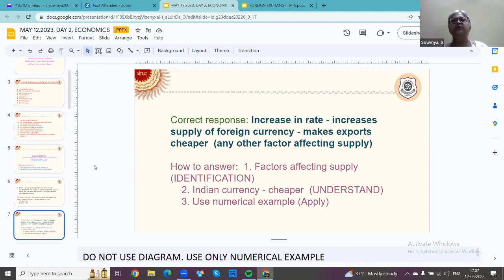So they are going to probably buy more of Indian products, or probably they are going to come into the nation more and tour more, travel more, any such factor you can talk about. So thereby, the supply of foreign currency will increase. So that is the diagram that they are supposed to make use of. One supply curve, and then the rate increasing. That is what they're supposed to show.